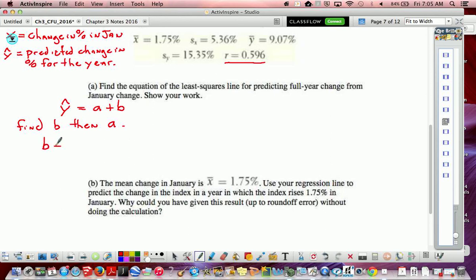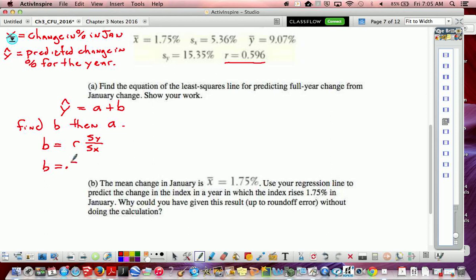As we saw from today's notes, b is found by taking the correlation coefficient times the standard deviation of Y over the standard deviation of X. Standard deviation is the measurement of variability, and slope is change of Y over change of X. So you divide the variability and multiply by the correlation coefficient because that standardizes it, and we get our slope.